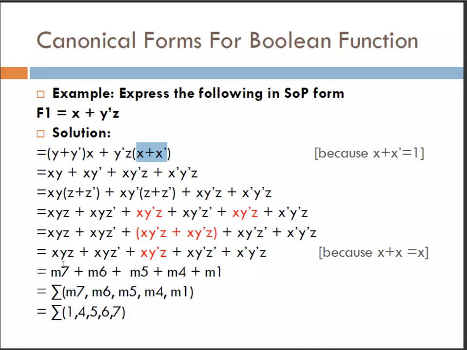Then we'll finally get the last expression, which has all variables. You see that finally we get it in this form by presenting it using min terms. Finally, the final answer is this one. So we have expressed the given function in SOP.